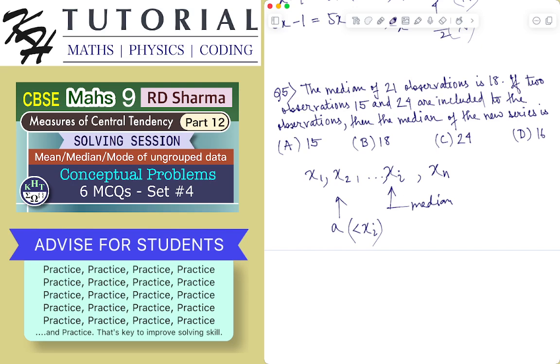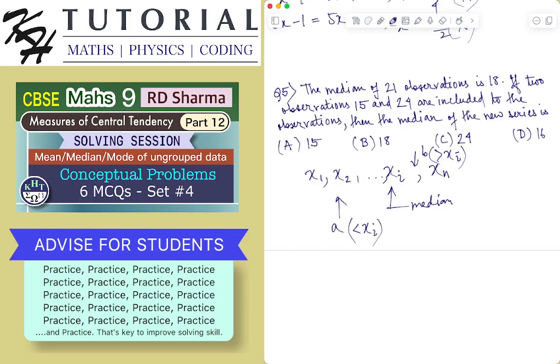And if I add another value b which is greater than the median, it does not matter how big it is, just b is greater than the median, then obviously in the sorted observations b will lie to the right of the median. In that case, the xi will still be the median of the new observations where I have added a and b. Xi, the median, will never change.